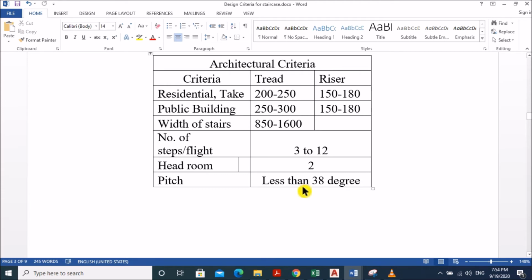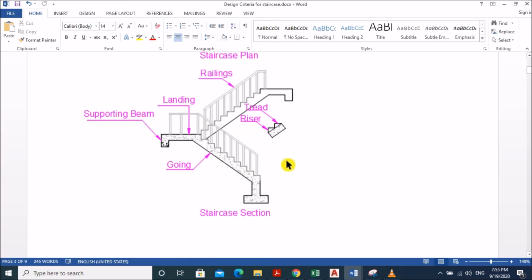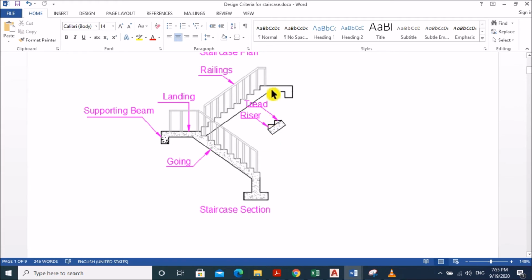Headroom, number of steps or flight. The minimum number of steps should be 3, and the maximum number of steps in a flight should be 12. The headroom available: the headroom is the distance between this step to this step.